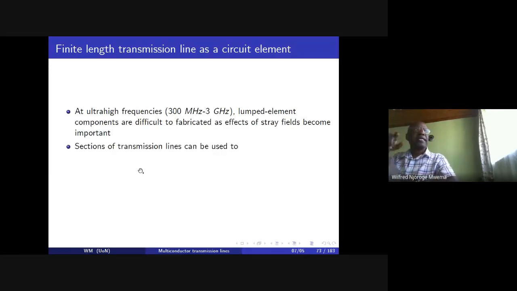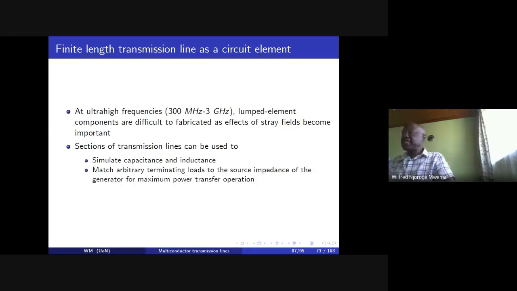We can, however, use sections of transmission lines to simulate certain lumped element functions. One, we can simulate capacitance and inductance. And two, we could use it to match any terminating load to the source impedance of the generator, when we are seeking maximum power transfer.